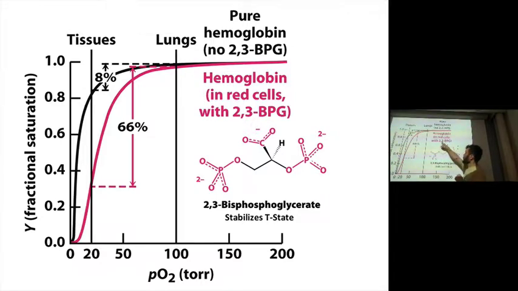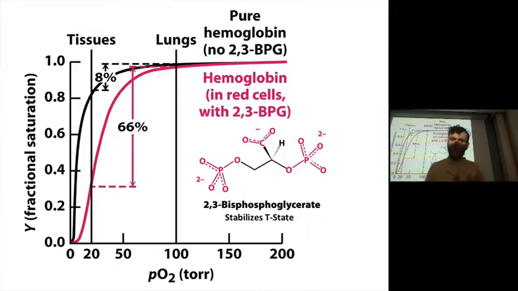Well, in your cells, there's this intermediate in glycolysis, 2,3-bisphosphoglycerate. It's basically a 3-carbon derivative of pyruvate that has 2 phosphate groups on it. The presence of 2,3-BPG gives us this curve that we see here.